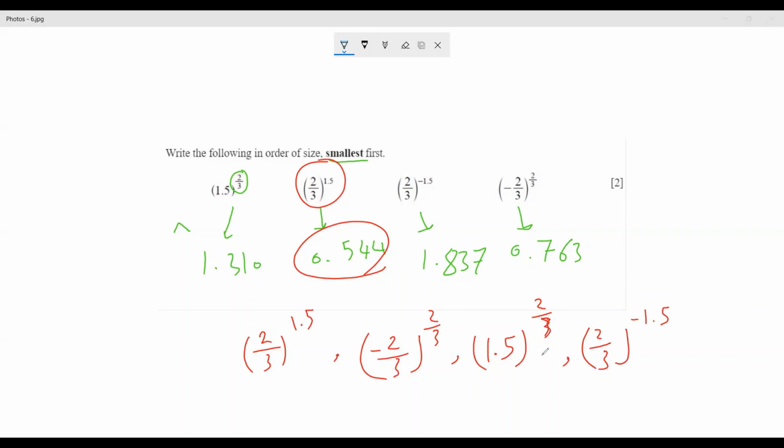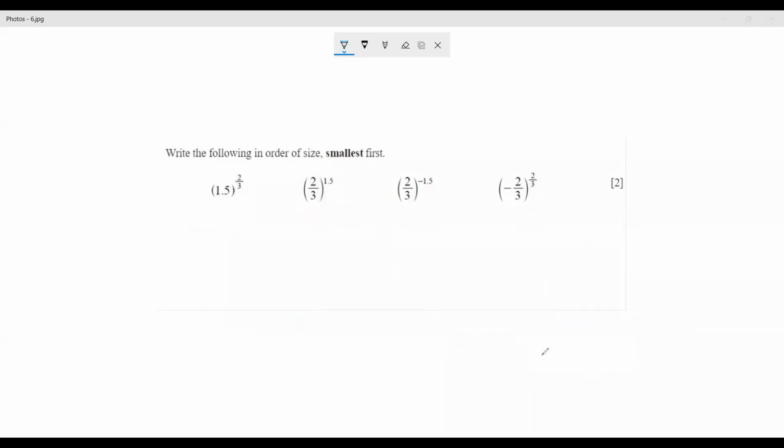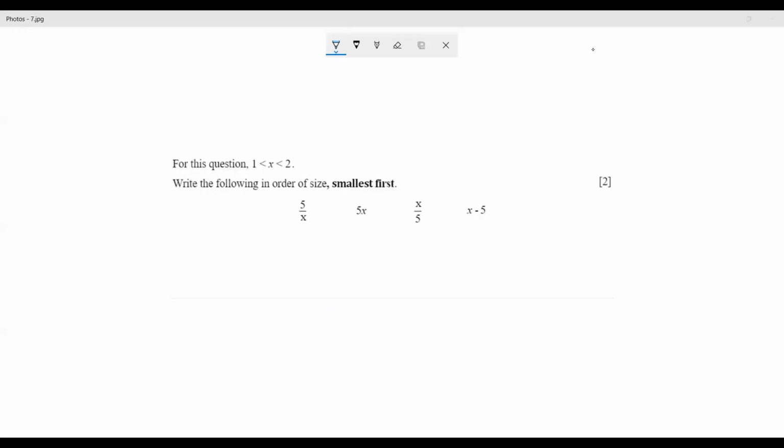So all right, moving on to the next question. The next question and the question after that is quite interesting. The reason for that is we have an unknown X here. Just take a look at these numbers.